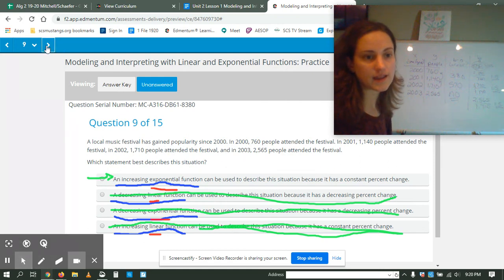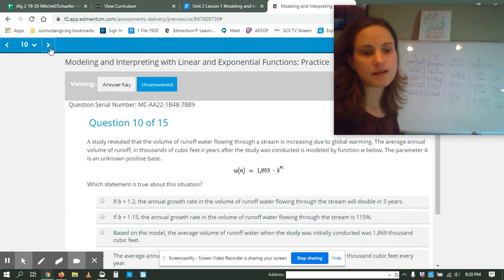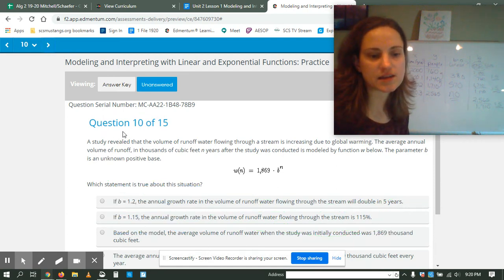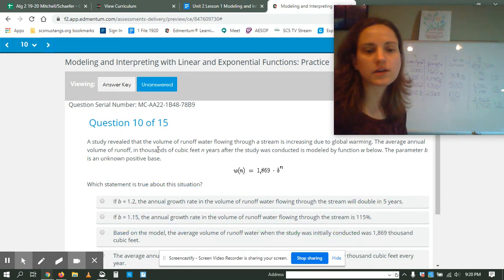All right, looking at 10. 10 has us doing a study revealed that the volume of runoff water flowing through a stream is increasing due to global warming. The average annual volume of runoff in thousands of cubic feet in years after the study was conducted is modeled by the function below.